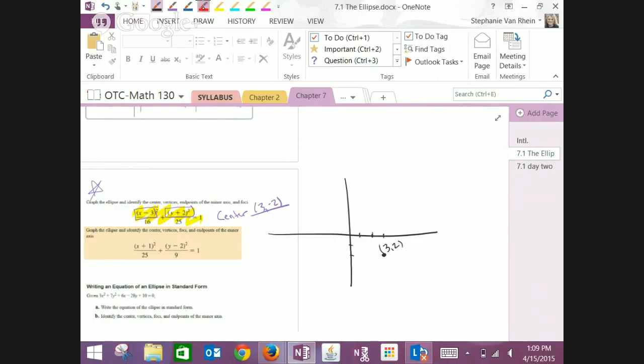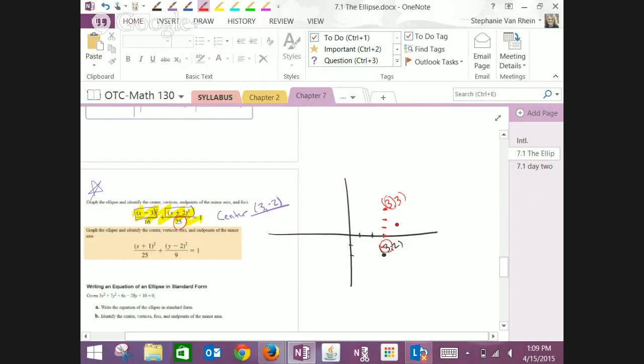So if I need to go up, in this case, 5 units, I go 1, 2, 3, 4, 5. What's my new point? Yeah, 3, 3, right? Because it's 3, minus 2. So if I add 5 units to minus 2, I get 3, 3. The X doesn't change.